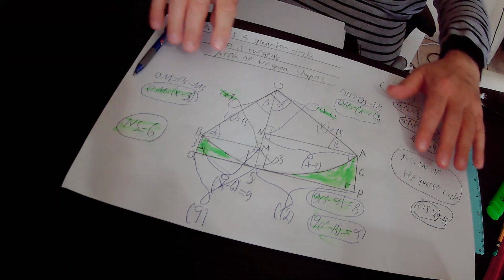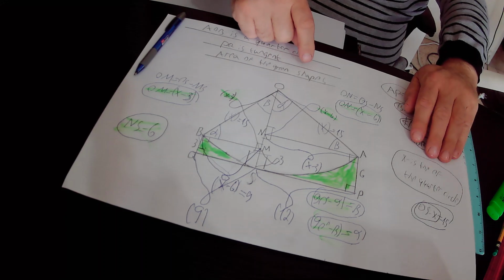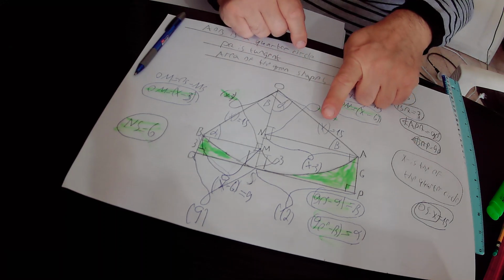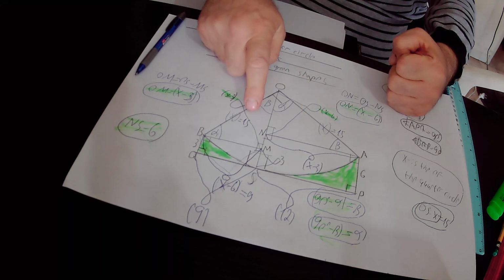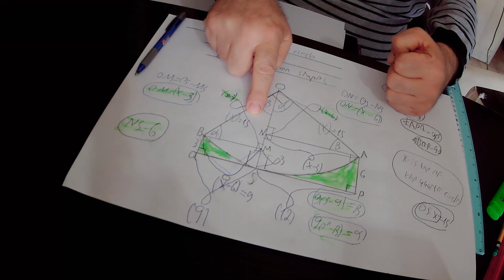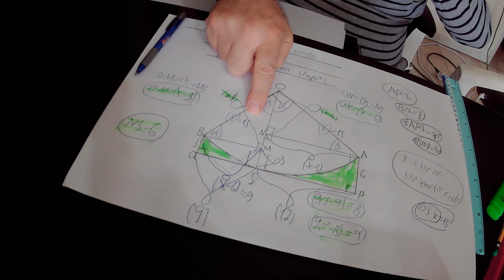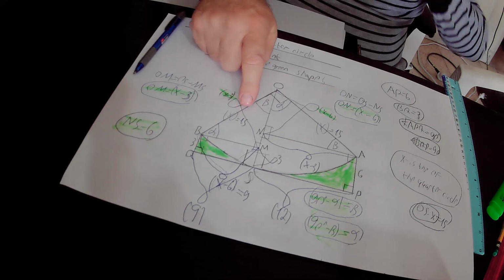But the area of this whole shape equals the area of trapezoid OASP plus the area of this trapezoid OBQS. Okay?